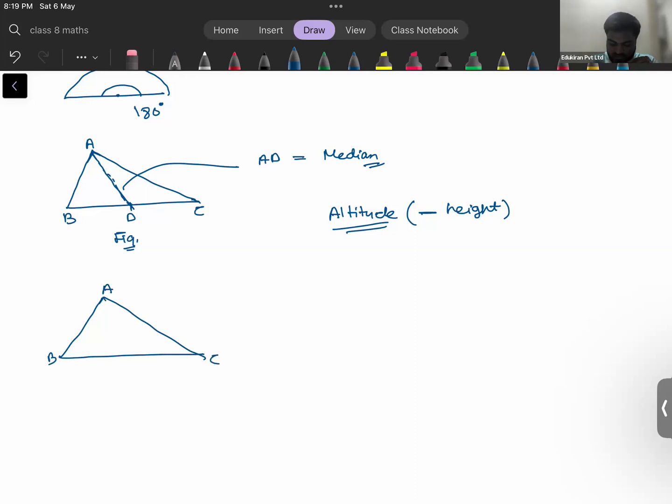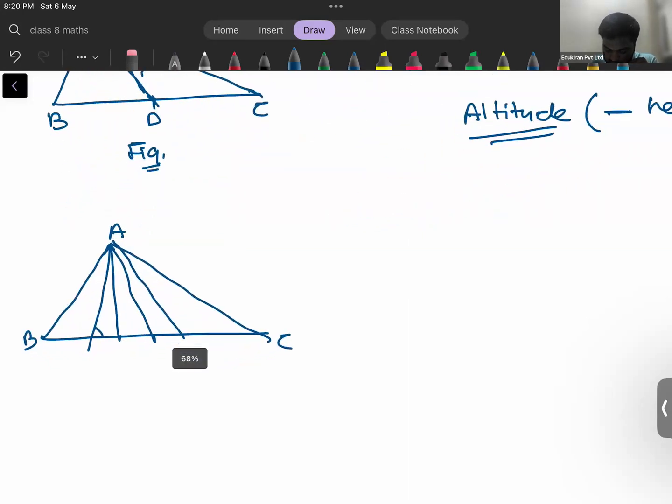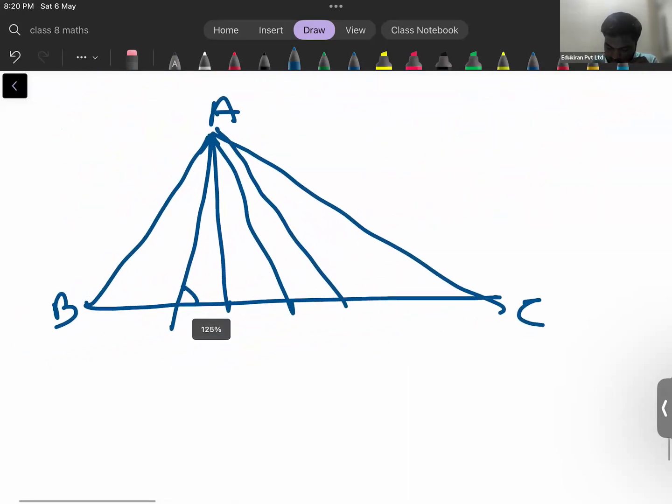From this vertex A, I draw different lines on the side BC, and they have got different values. This value could be, let's say, 110 degrees. This could be 95. This one is 90 degrees.